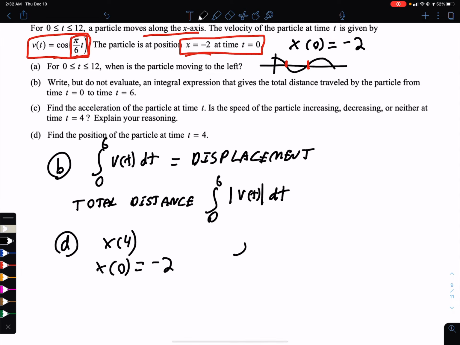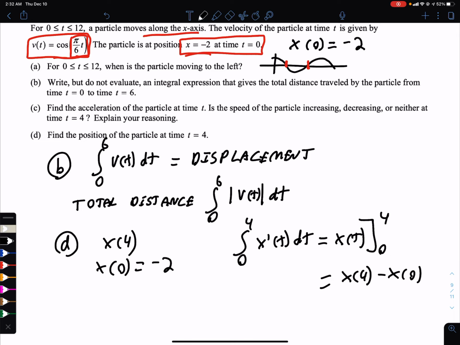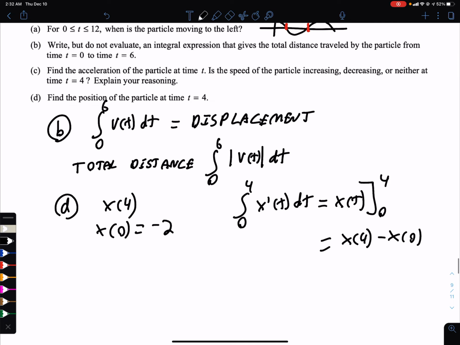We learned this. If I take the derivative of x and integrate from 0 to 4, what does that equal? Well, I take the antiderivative of x prime. What is that? That's going to be x of t. And then what do I do next? I plug in 4 and I plug in 0. And then I have this incredible function.